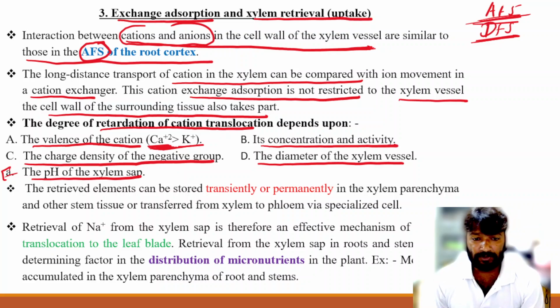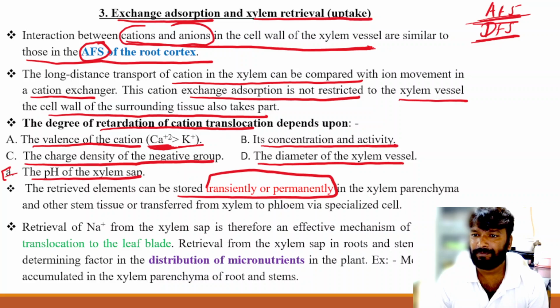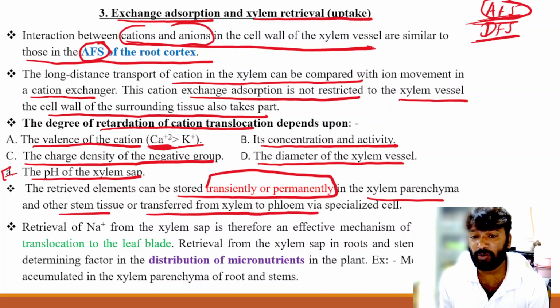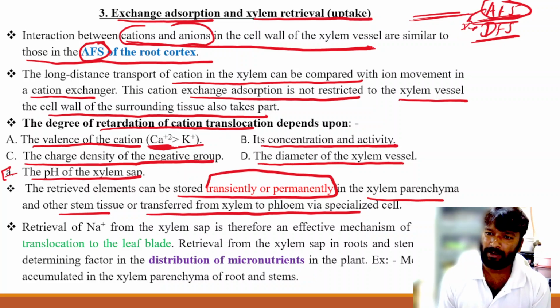Okay, so the retrieved element can be stored transiently or permanently, like in the AFS of the root cortex, in the xylem parenchyma and other stem tissue, for transport from the xylem to the phloem via specialized cells, or they can be used in the xylem or transported to the phloem.